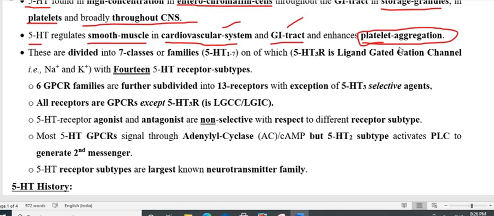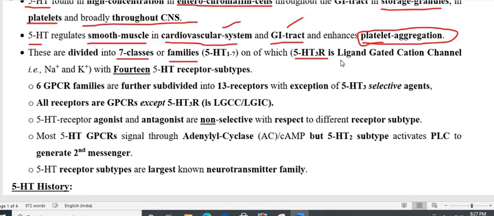Regarding the receptors of 5-HT, they are kept in 7 classes or 7 families, from 1 to 7, that is 5-HT1, 5-HT2, 5-HT3, 4, 5, 6, 7. When you look at all the classes or families of 5-HT receptors, you will find all the receptors are G protein coupled receptors except the 5-HT3 receptor.